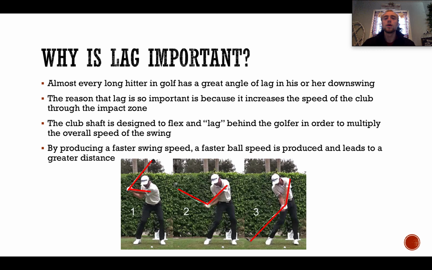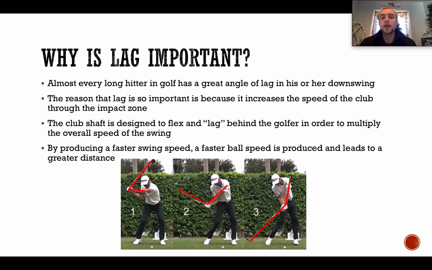Here's a little bit of why lag is so important. If you look at every long hitter in golf today, most of them will have a great angle of lag in his or her downswing. The reason that lag is so important is because it increases the speed of the club through the impact zone, and it does this because the club shaft is actually designed to flex and lag behind the golfer, and what this does is it multiplies the speed of the swing with less effort.